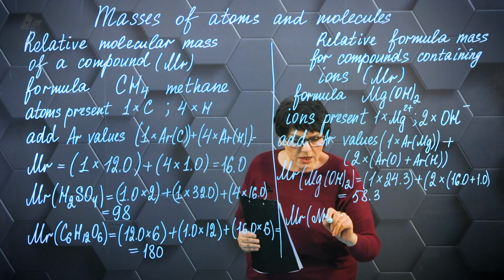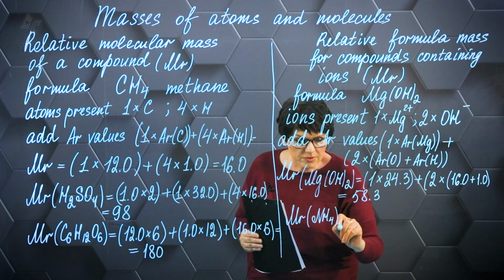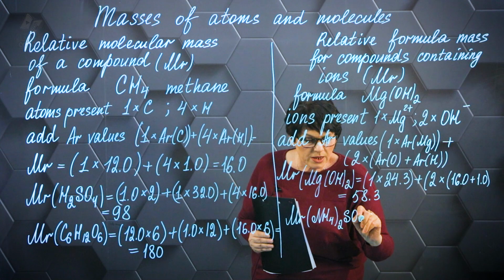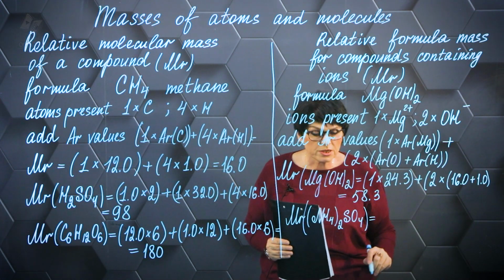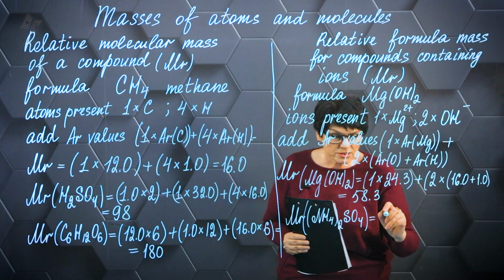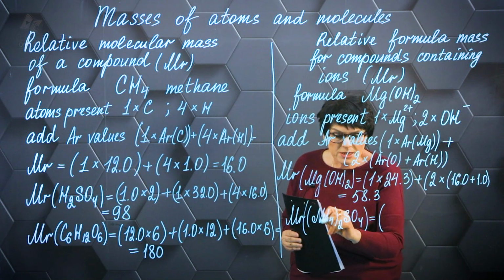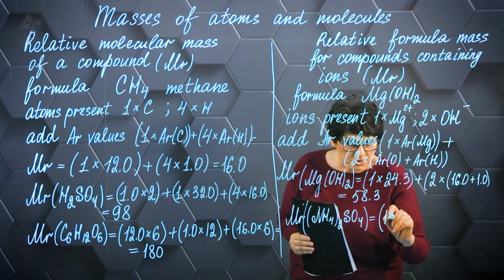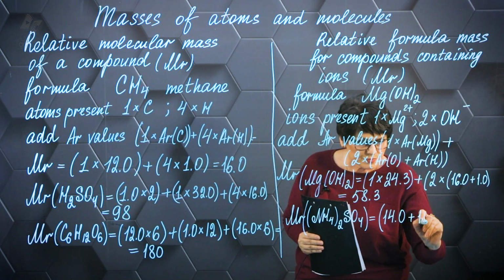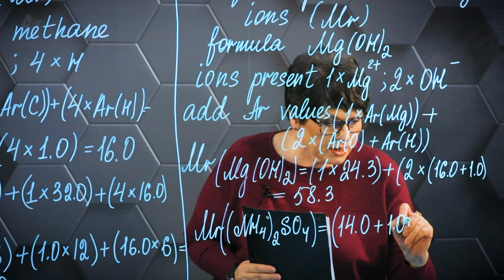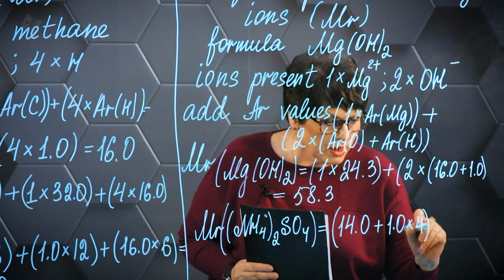It would be (NH4)2SO4. This compound is called ammonium sulfate. And the calculation would look like this. Inside this bracket, we have nitrogen and hydrogen multiplied by 4.